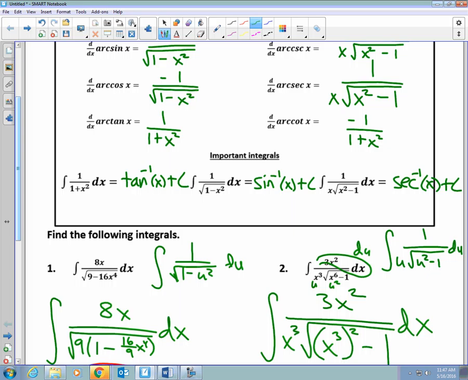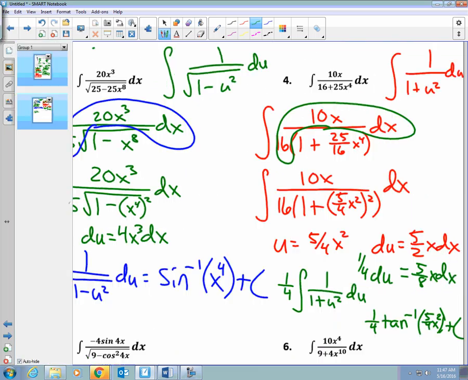You can always change it afterwards. That's why I only wrote these 3 down, because these are primarily used as the forms. If you chose to write it as arc cosine, I would give you credit. But arc sine is just fine.